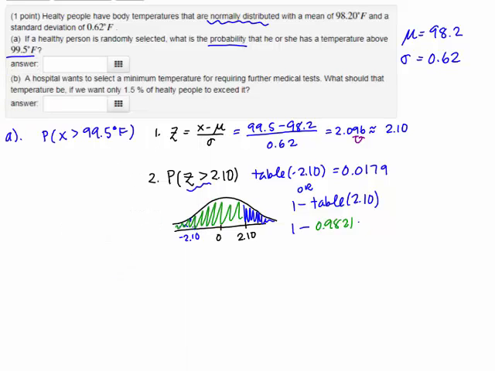So sure enough, that's the probability that someone is more than 99.5 degrees.